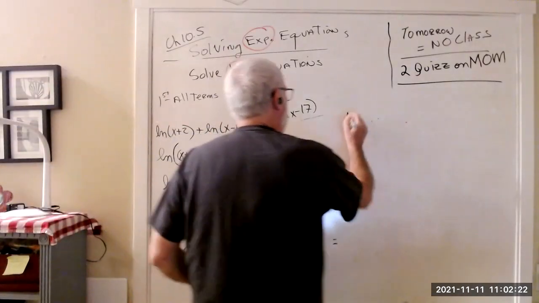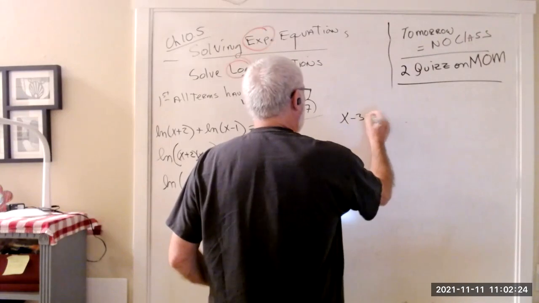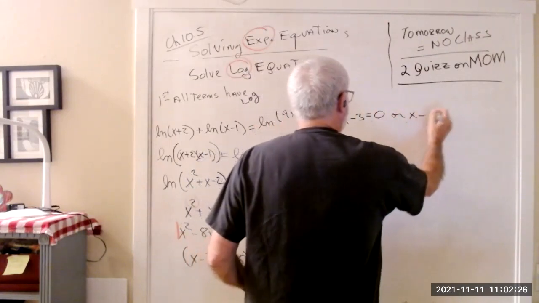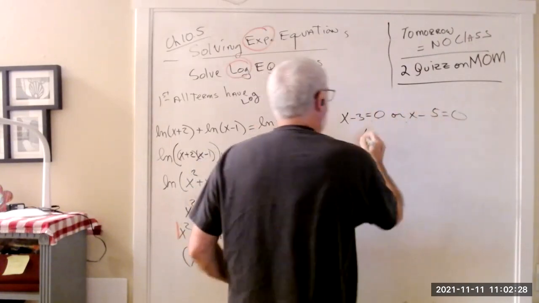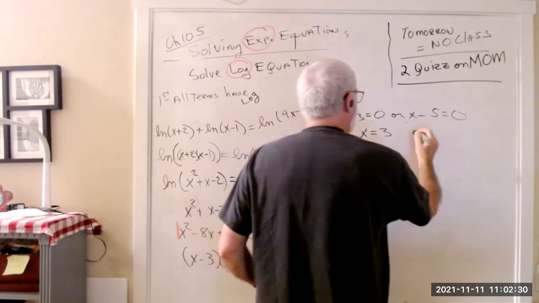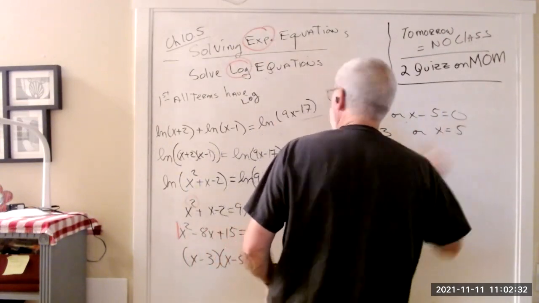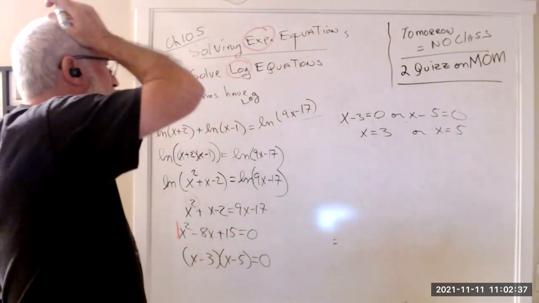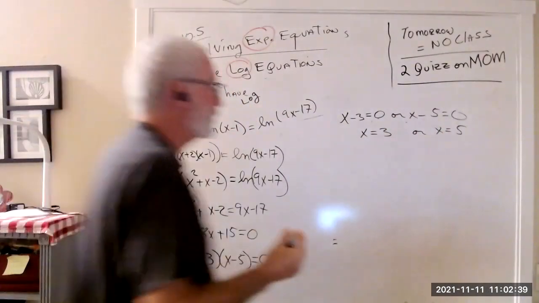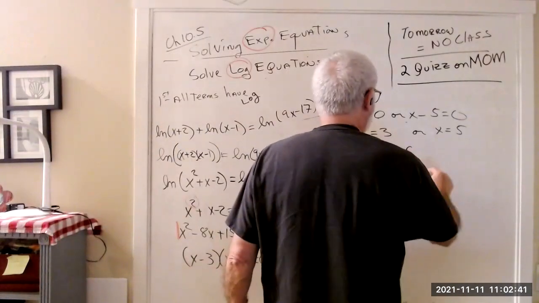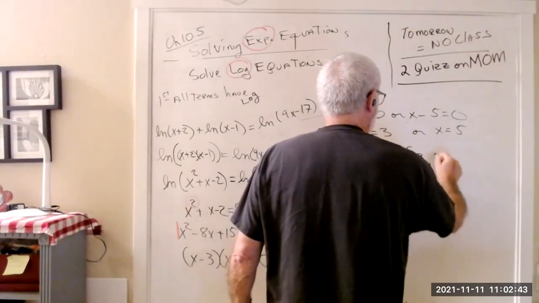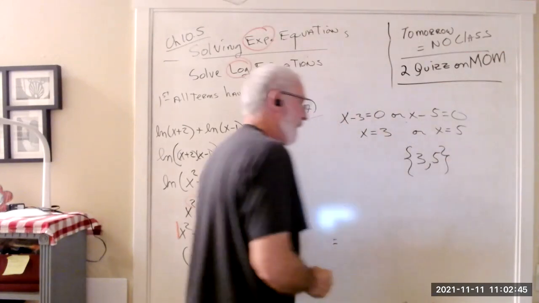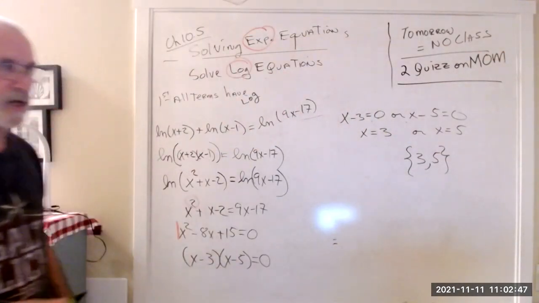When you do that, you get x minus 3 equals 0 or x minus 5 equals 0, so we get x equals 3 or x equals 5. In this particular problem, both of those check, and I'll show you how to check in a minute.